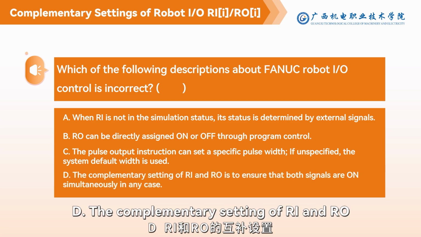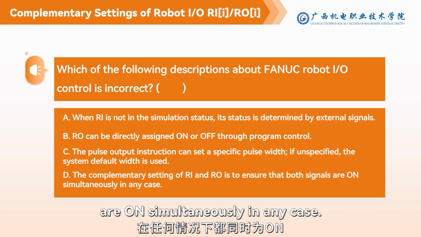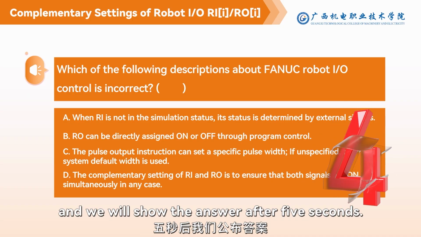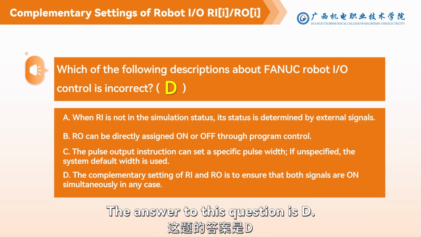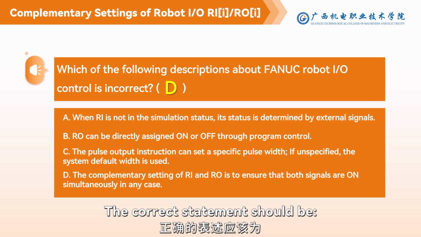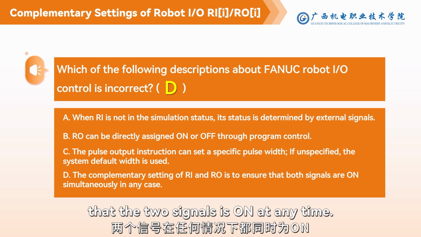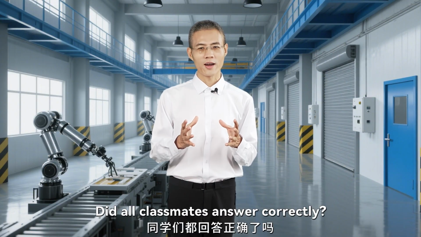D. The complementary setting of RI and RO is to ensure that both signals are on simultaneously. I will give you 5 seconds to think, and will show the answer after 5 seconds. The answer to this question is D. The correct statement is that the complementary setting of RI and RO is to ensure that the two signals are not on at the same time. Did all classmates answer correctly?